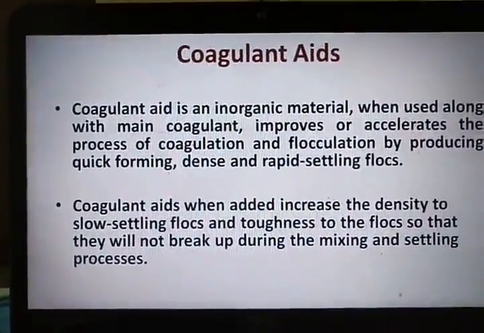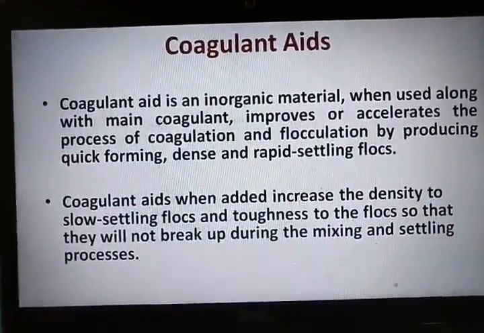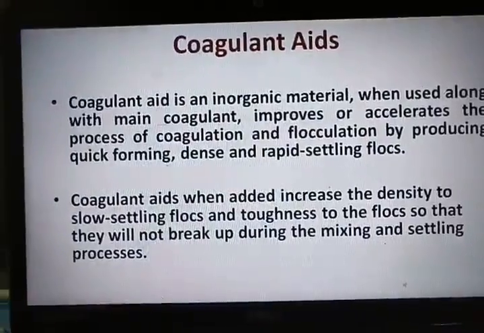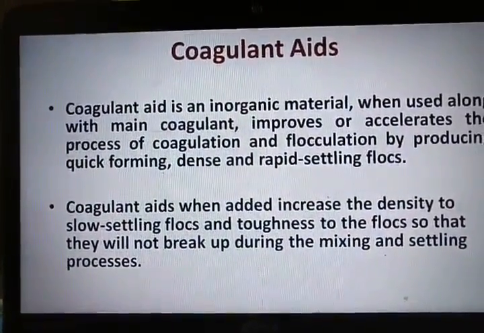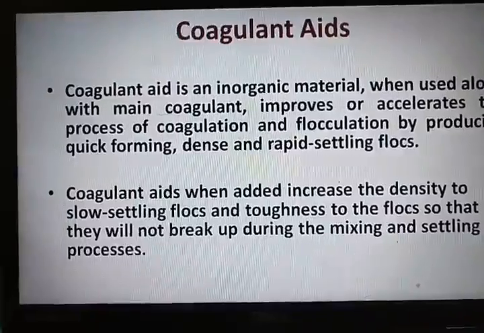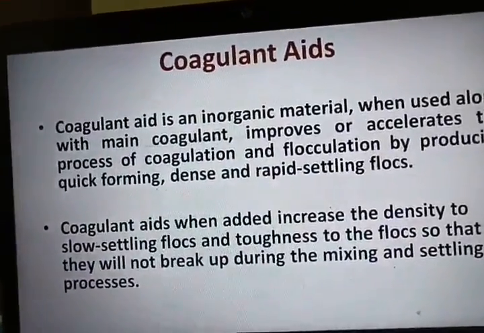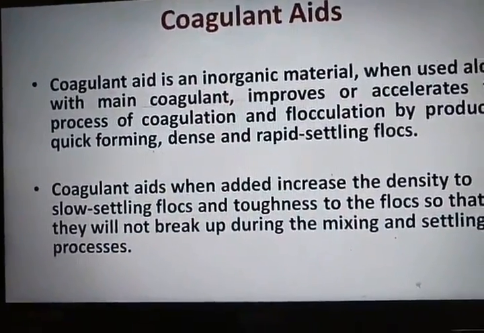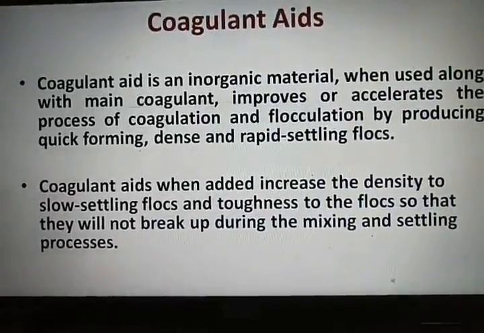Then comes coagulating aids. Coagulating aids are nothing but inorganic materials. They are like a catalyst which will speed up flock formation in the coagulation process. As the name itself suggests, coagulant aids increase the rate of the coagulation process.